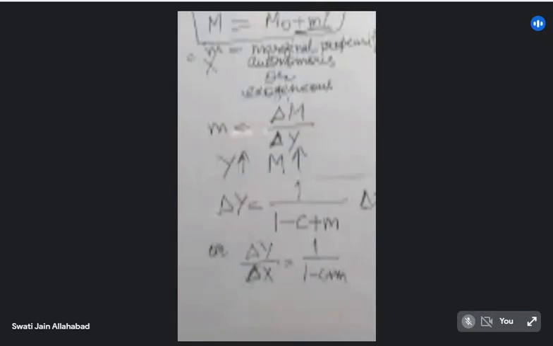So higher the level of income, higher will be the level of imports, and therefore the impact of X will be lower and lower.